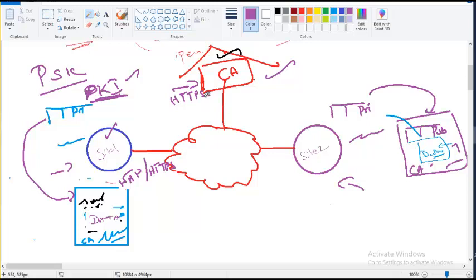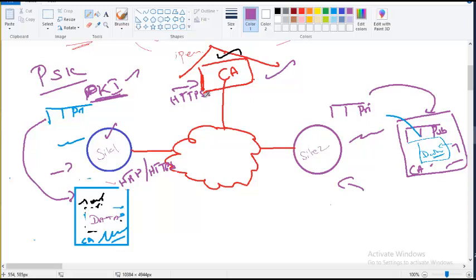Okay. So suppose the communication between the two sides by PKI happens only via the tunnel, right? Yeah. Okay. Suppose we didn't have a CA server, or it does not exist.